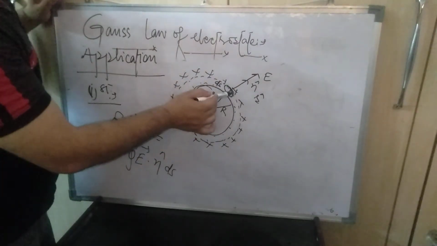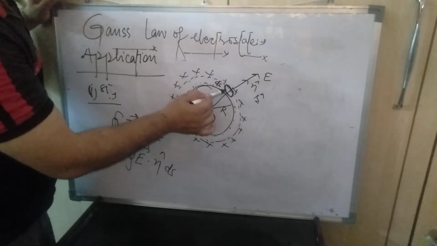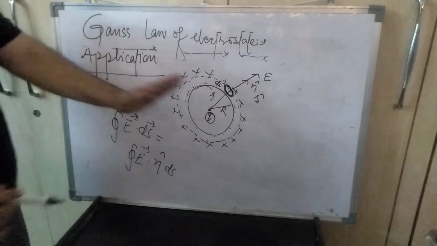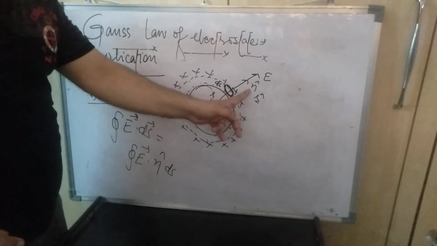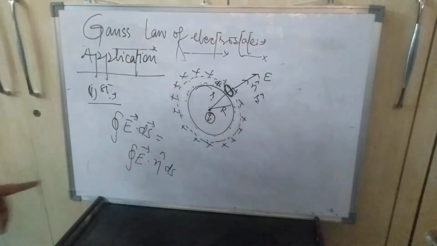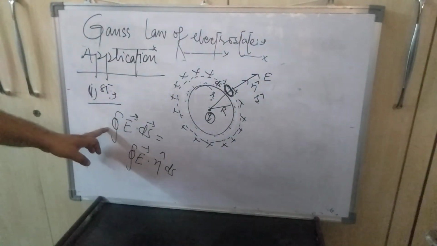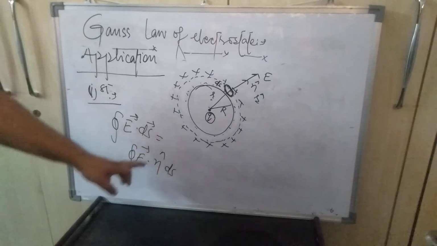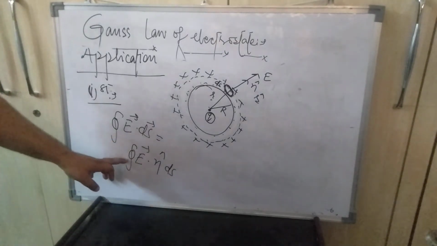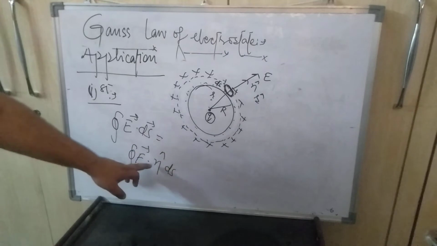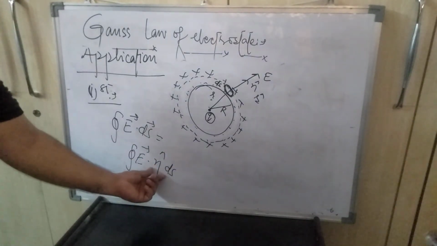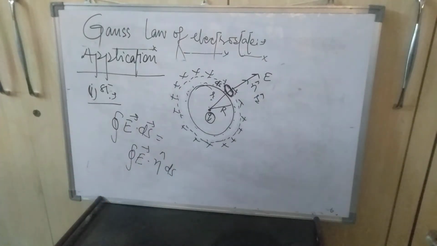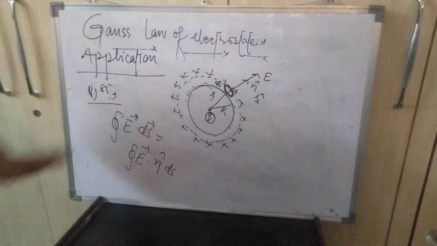So on this we have considered a surface ds, and the intensity will be outward, and so will be the direction of eta as well as r cap. Now we know that the integration of E dot ds equals the integration of E dot eta ds, where eta is the unit vector telling you the direction of ds, which is perpendicular outward.